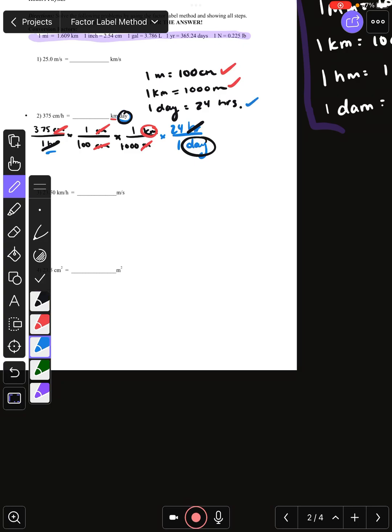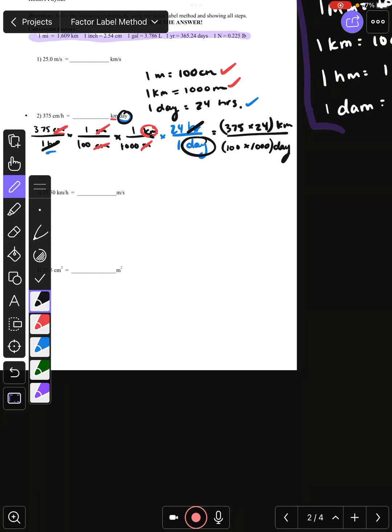Now, for this one, I am going to rewrite the fraction. I do think that it helps, and putting parentheses is never going to hurt you. So 375 times 1 times 1 times 24. The unit on top is kilometers. That's the only one that's left. Then on the bottom, the denominator, I have 100 times 1,000, and that's going to be in days. It's very important for you to have the units here.